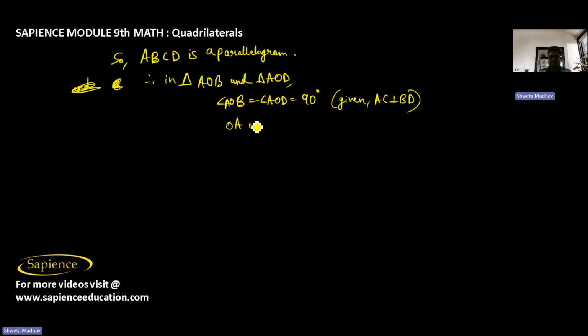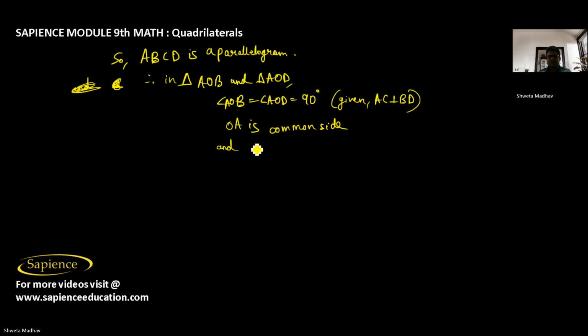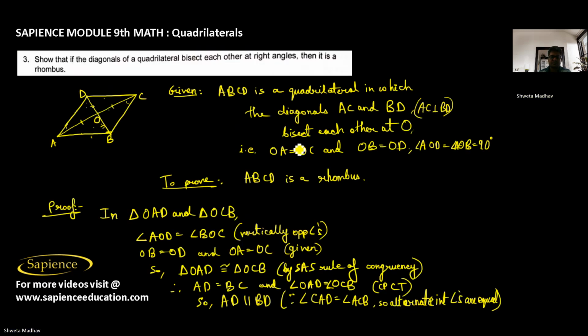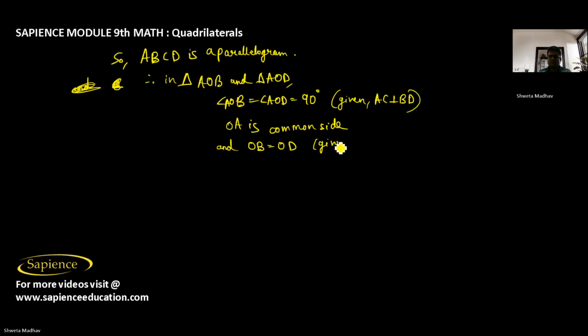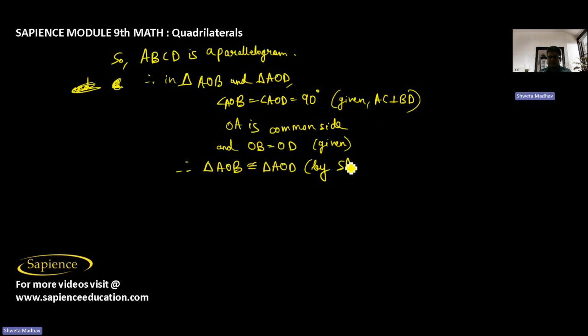AO is the common side, and OB equals OD. Therefore, I can say that triangle AOB is congruent to triangle AOD by SAS rule of congruency.